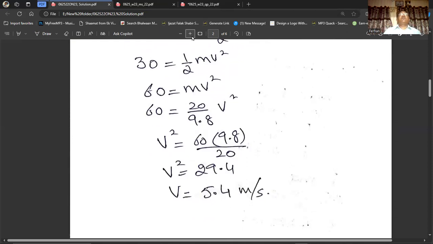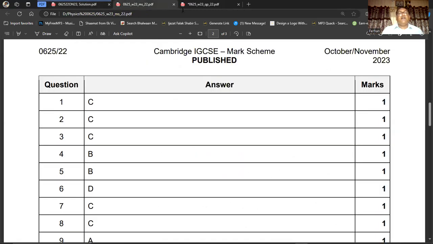So in the place of mass, I will write 20 divided by 9.8 into v square. So v square will be equal to 60 multiplied by 9.8 divided by 20, and v square will be 29.4. Take square root on both sides, so v will be equal to 5.4 meter per second.